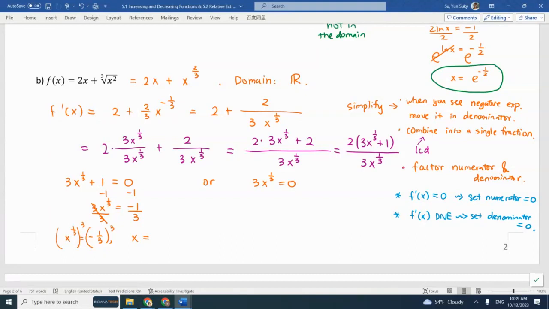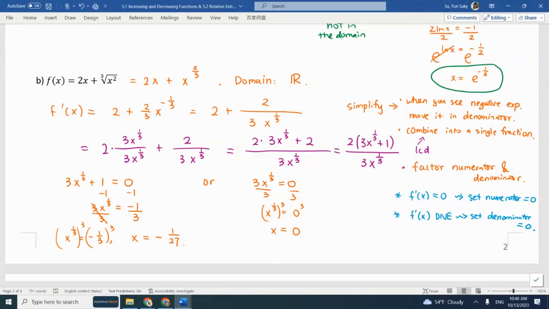Yes. So we get -1/27. Is that okay, everybody? Okay, how about the other part? How do you solve for x? And then cube it. What's 0 cubed? 0. See, we get 2 answers.